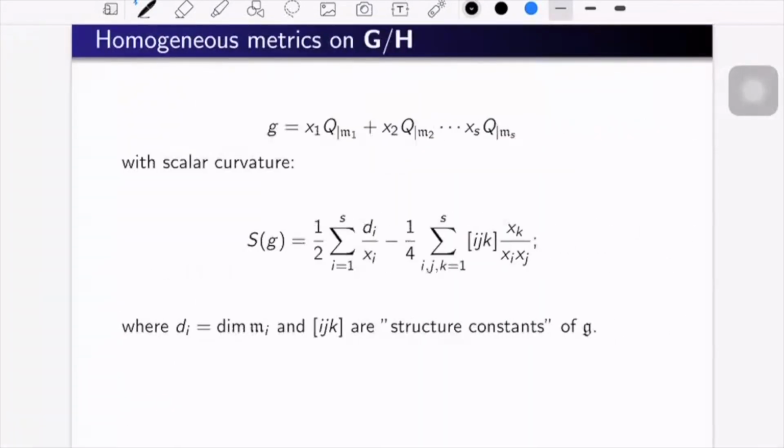So here's the scalar curvature function that one gets for these kinds of metrics. These numbers here are structure constants that depend on G mod H. The d_i are the dimensions of the summands. That functional looks somewhat innocent, but it's very difficult to prove anything about it.